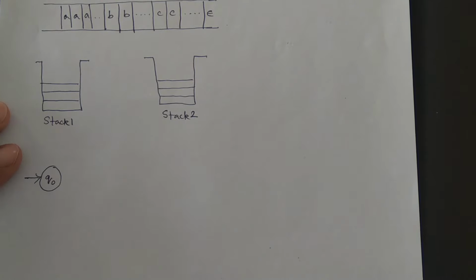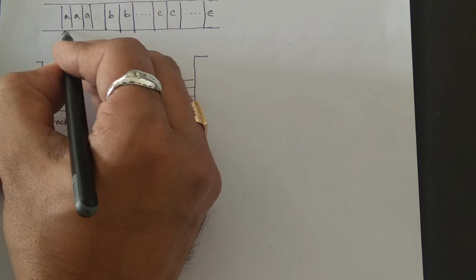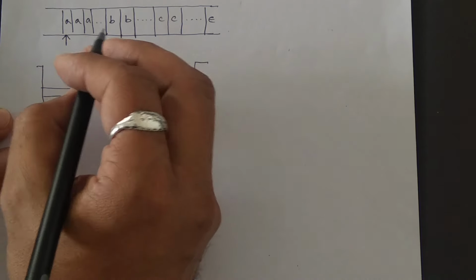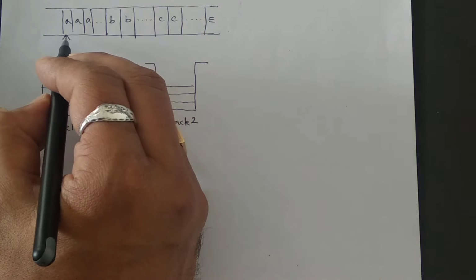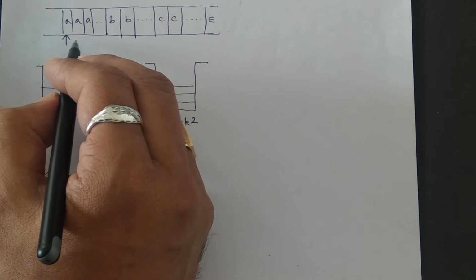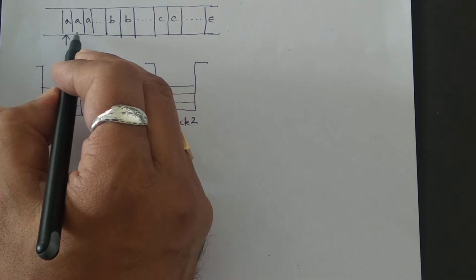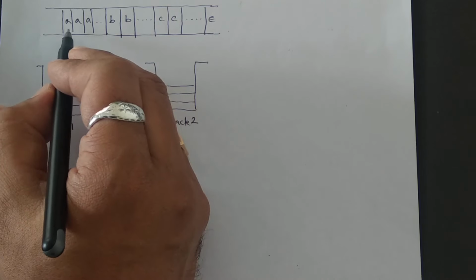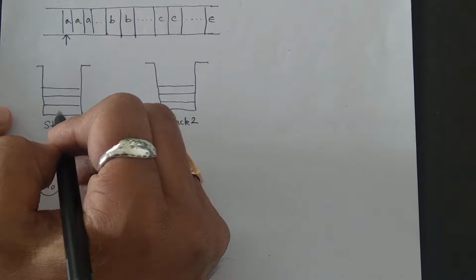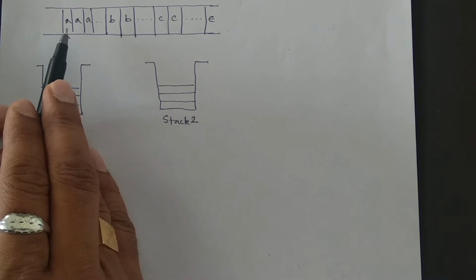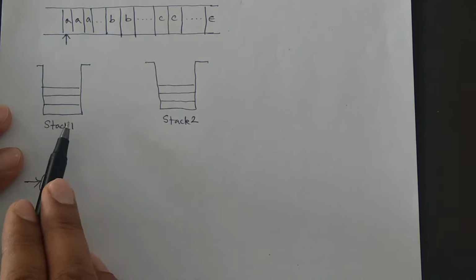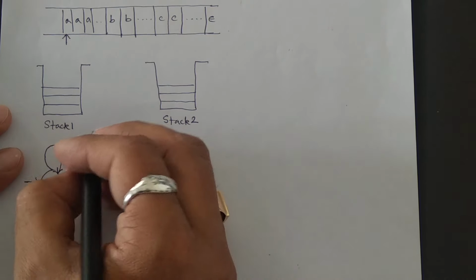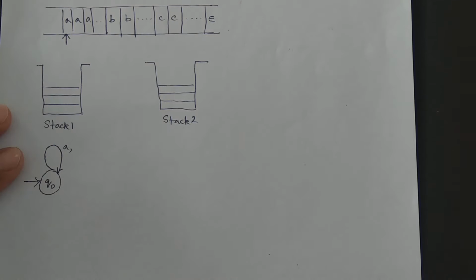So I will start reading this A. As you can analyze after constructing the PDA, all these A's will be in a self loop. I can use a self loop and push all the A's into the stack. Where will all these A's go? All these A's will go to stack number 1. So I can take a self loop and do this on seeing A.